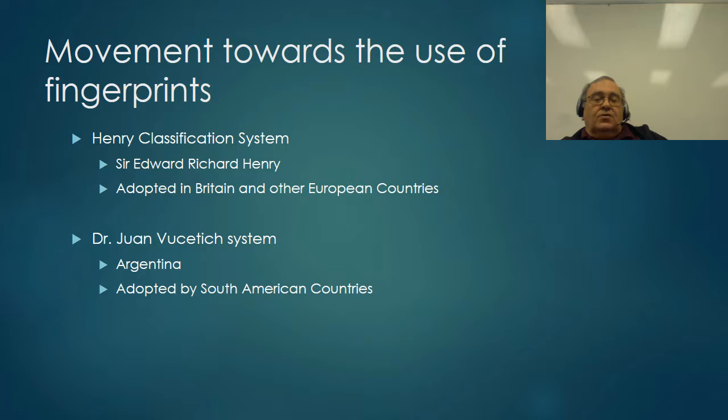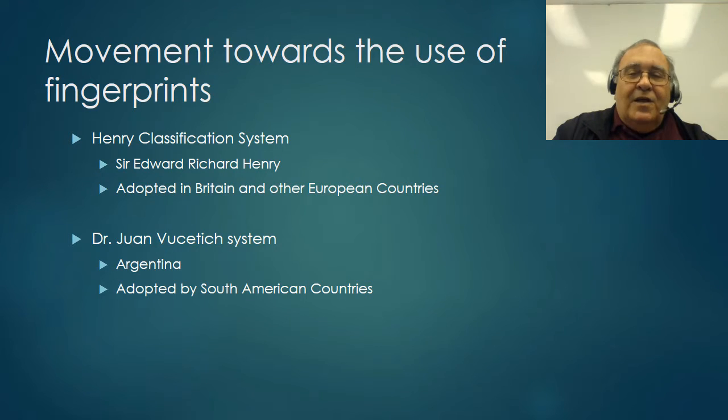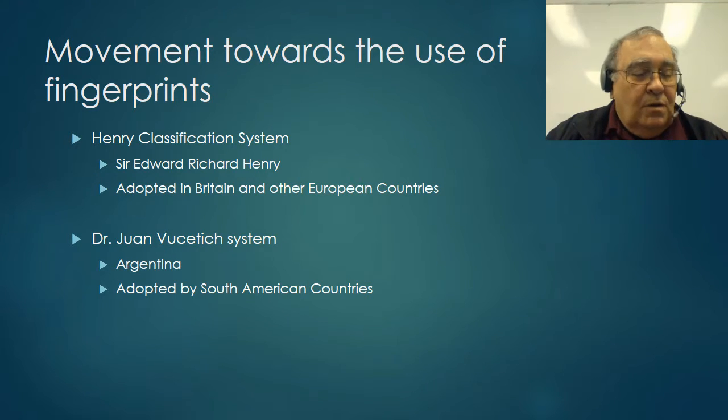The system is a very involved system, requiring an unbelievable amount of work to develop the classification for each person's set of fingers, and you've had training on that, so you know how in depth that is.